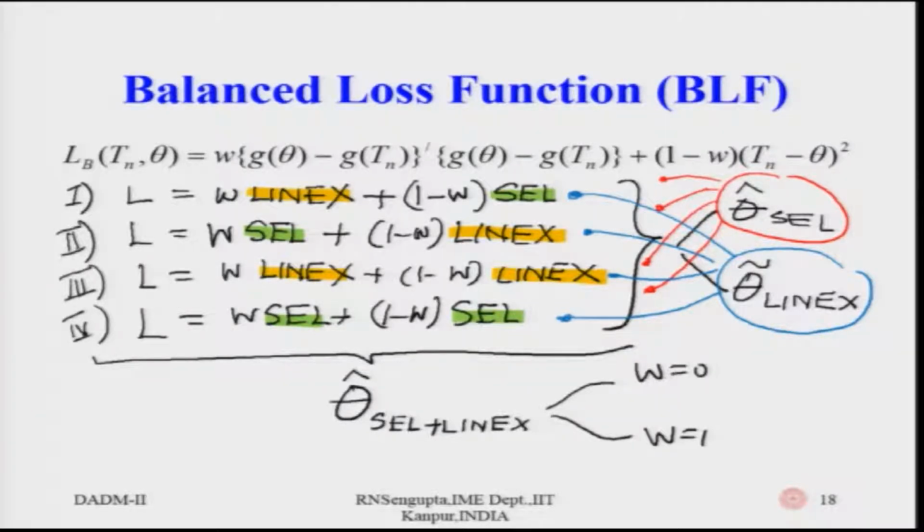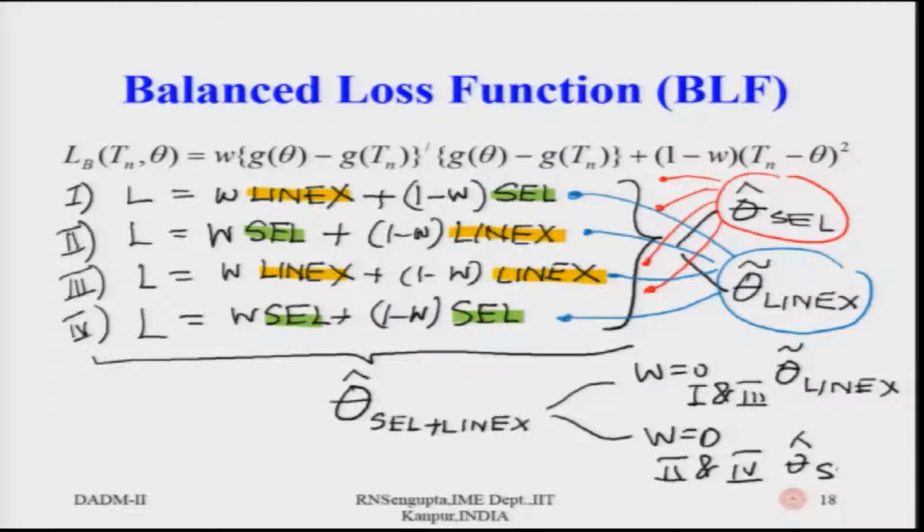So, W is 0 for this case, for example for the first and the third case we should basically get theta tilde Linex for the first and the third, and for the second and the fourth it should be theta hat squared error.